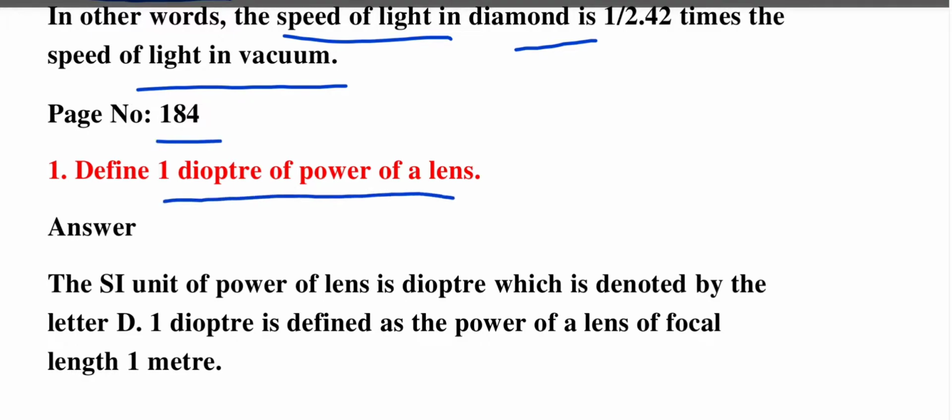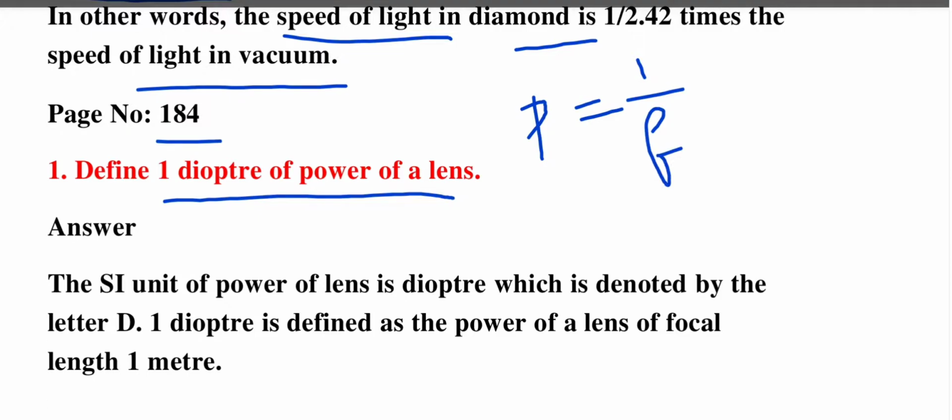Define one diopter of power of lens. I have already discussed this. You know P is equal to 1 divided by f, so power of lens is the reciprocal of focal length.